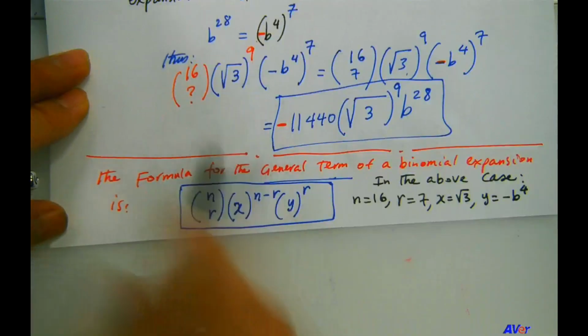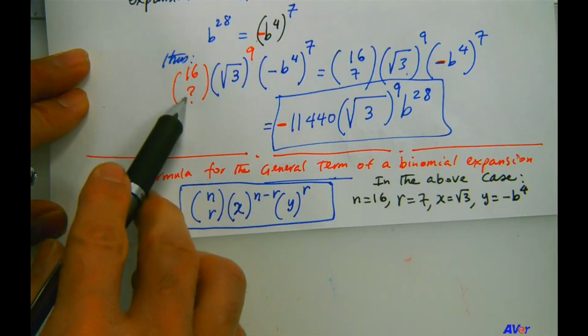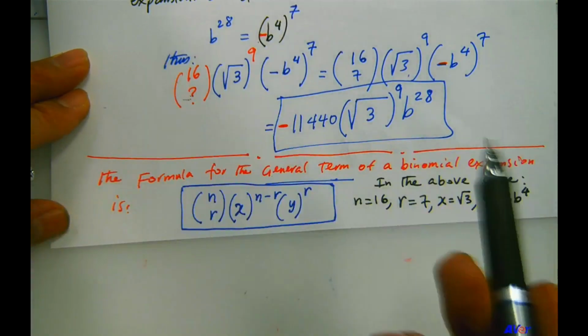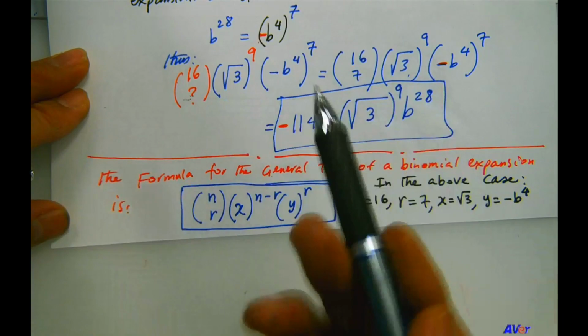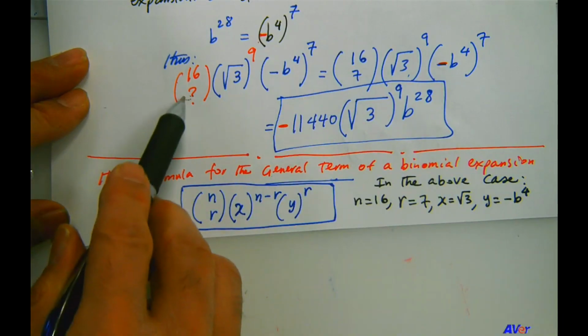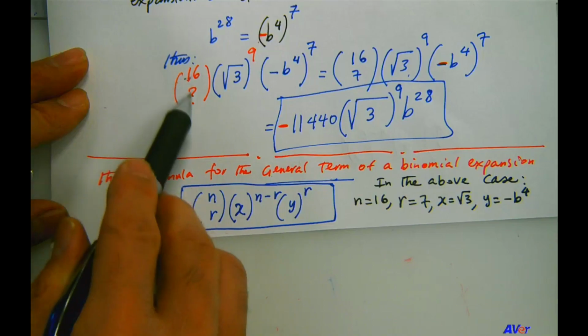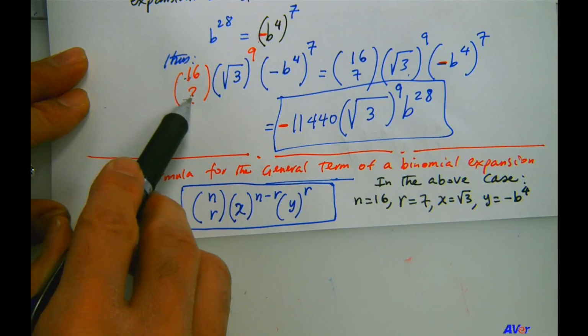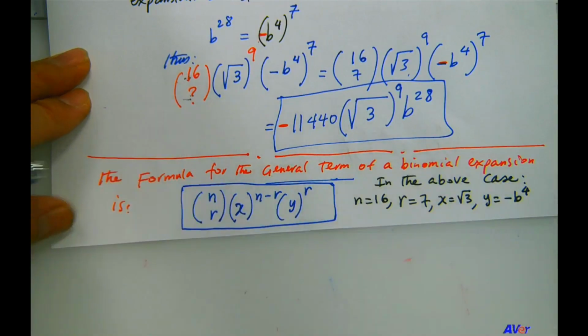The most significant piece of this was to figure out which term, it was the 8th term, right? But because we're starting from 0, we start with 16 choose 0, for the 8th term, we reach 16 choose 7.